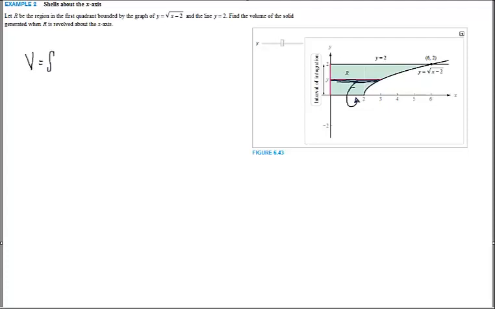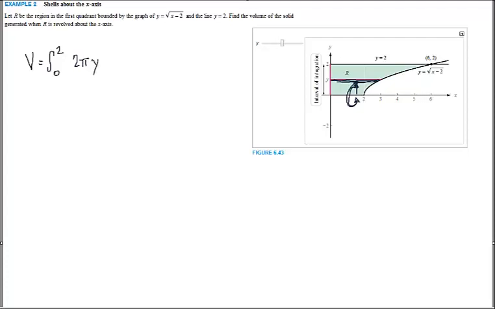So the volume is, you'll have to figure out your limits of integration. In this case it's fairly straightforward. We're integrating with respect to y, so this 0 to 2 would be my limits of integration. Next thing, I'm going to need the shell circumference. Each shell has a circumference that's going to be 2 pi times whatever the radius is, and the radius of each of those shells is whatever that y value is.